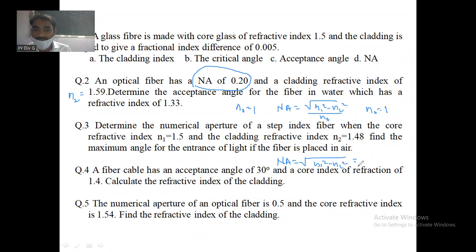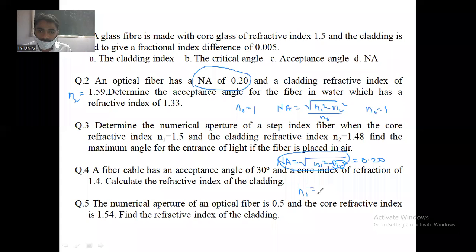NA किती दिलाय त्यावेळेस आपल्याला 0.20. But again, what is given to us? N2 is given, correct? So what is the modified formula for N1? If we modify this formula for N1, then N1 is equal to what will come?